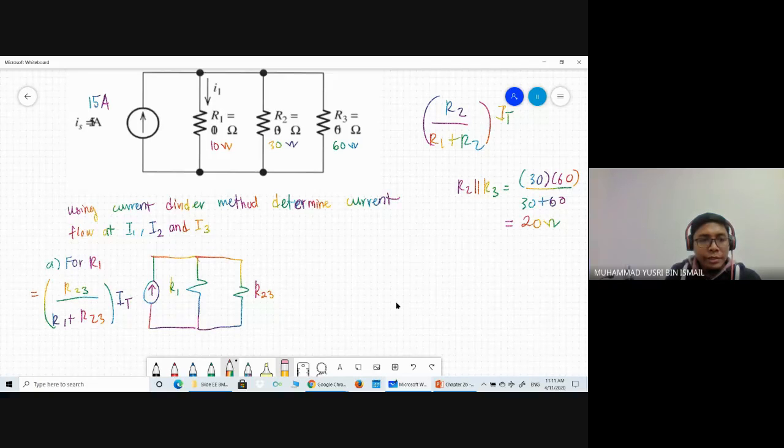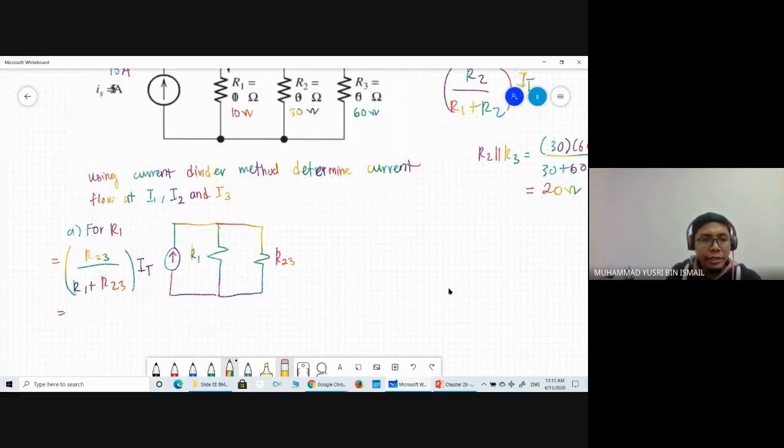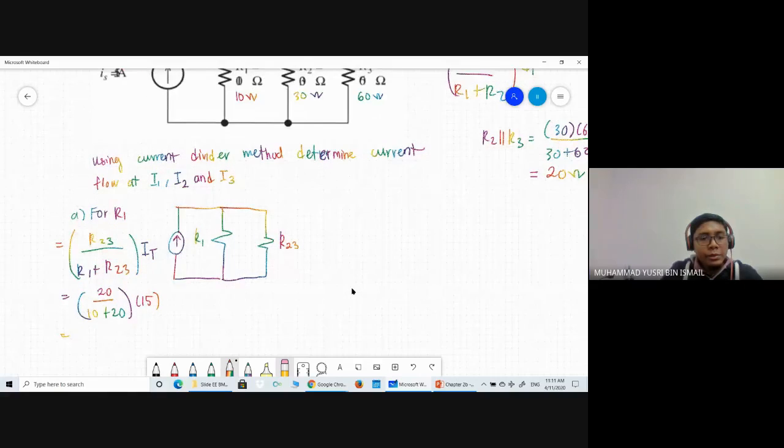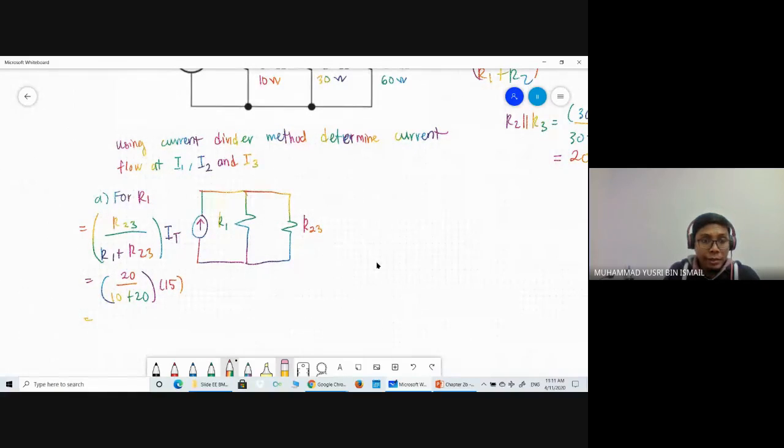So equal to 20 over R1 10 plus 20 times the current source 15 ampere. So you will have 20 divided by 30 times 15.